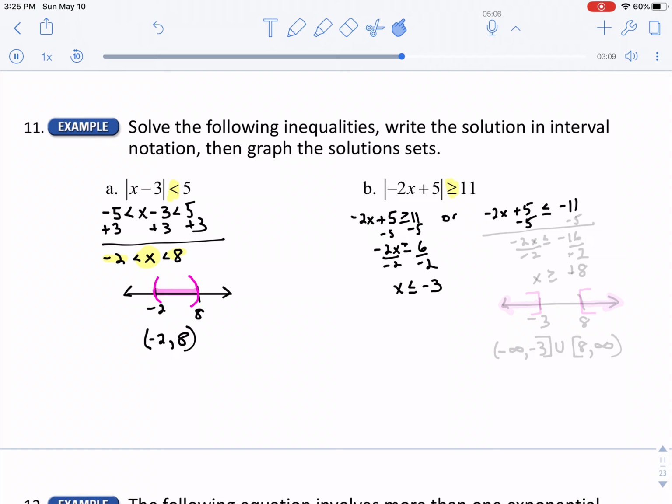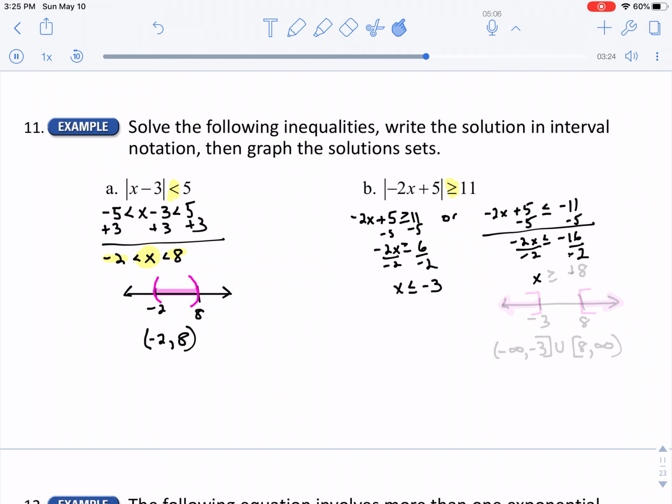Subtract 5 from both sides. You get a negative 2x is less than or equal to a negative 16. Divide both sides by a negative 2. When you divide an inequality by a negative number, you have to flip the sign around.